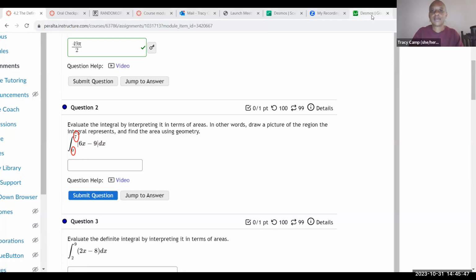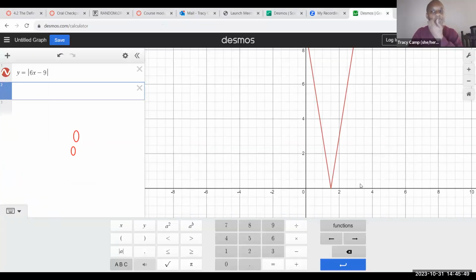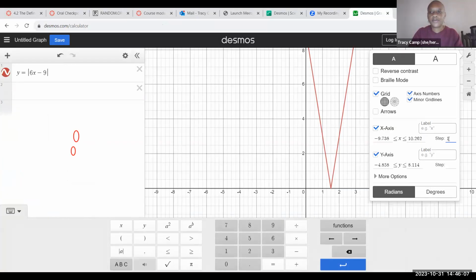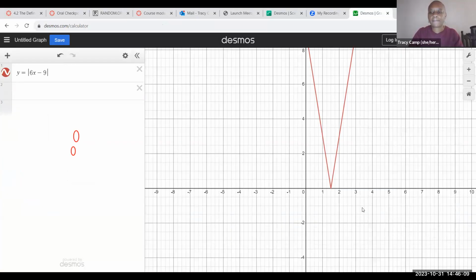That's the interval that we're looking at. So we start here at 0 and then we're going to end over here at 7. So let me mark this 7 so we know where that is. Let's make the steps 1 so we see the 7.